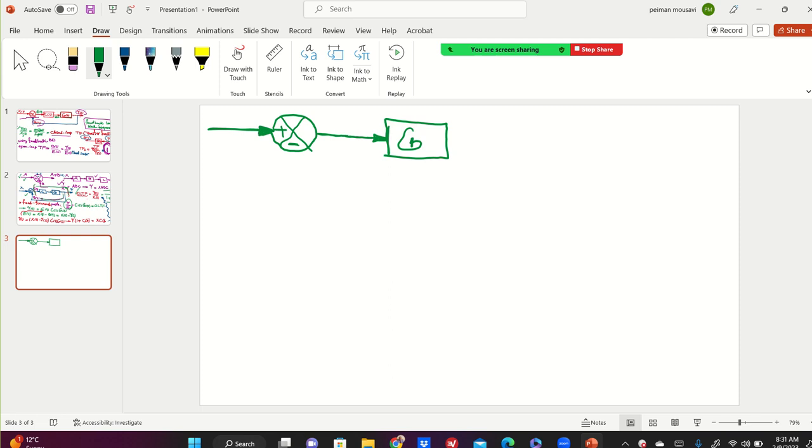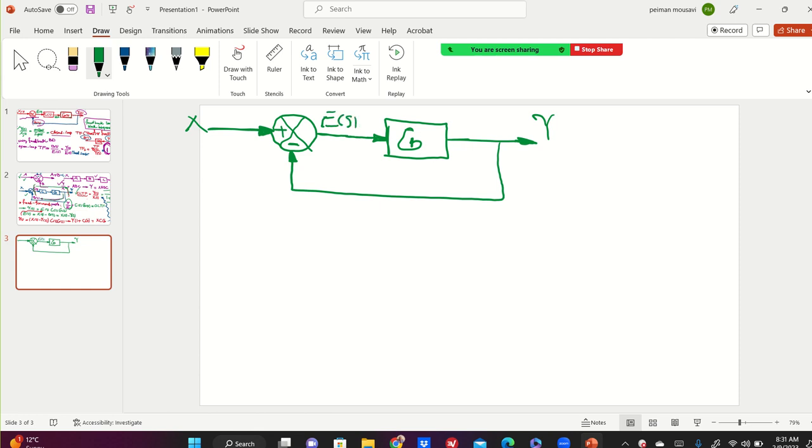We want to see what's happening for the plant, G. So for now, I'm further simplifying the block diagram. We assume that our sensor is ideal. There's no controller yet. We are sending a signal to the plant and it's being fed back to the system. So this is again your E of S.